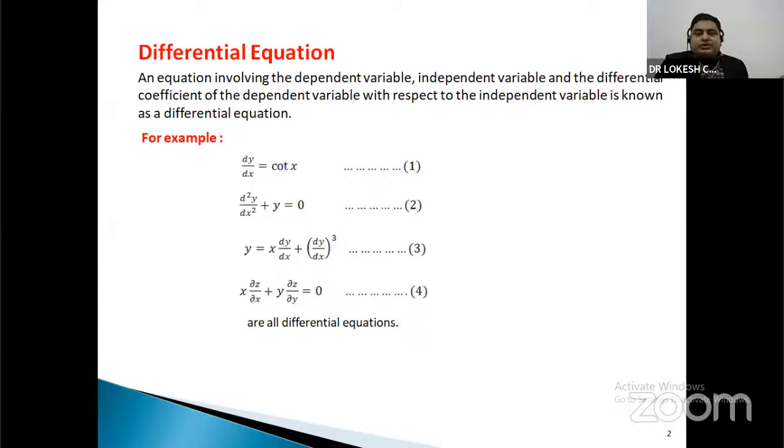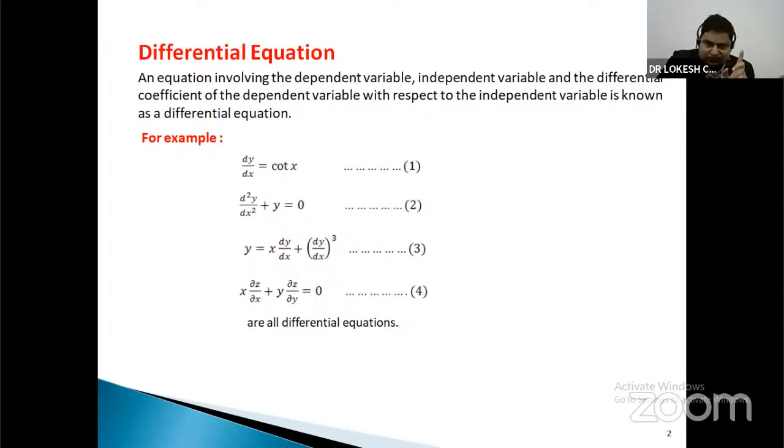As I told earlier, an equation involving the dependent variable, the independent variable, and the differential coefficient of the dependent variable with respect to the independent variable is known as a differential equation. There are some examples: dy/dx equals cot x, and d2y/dx2 plus y equals 0.